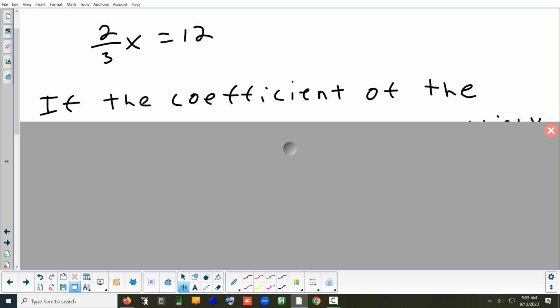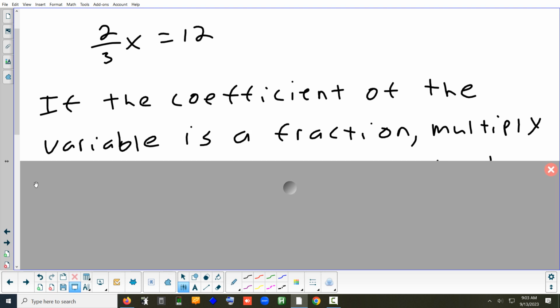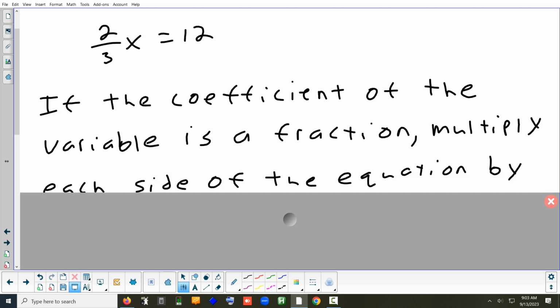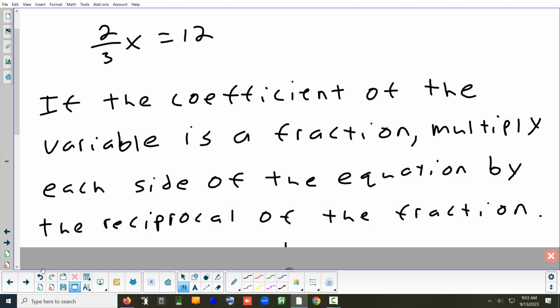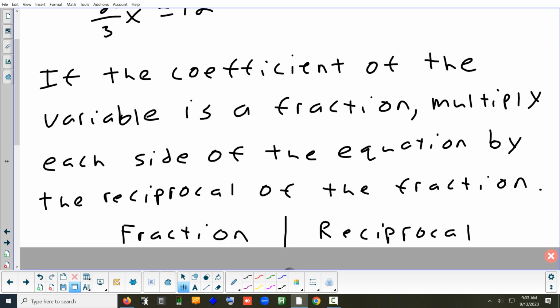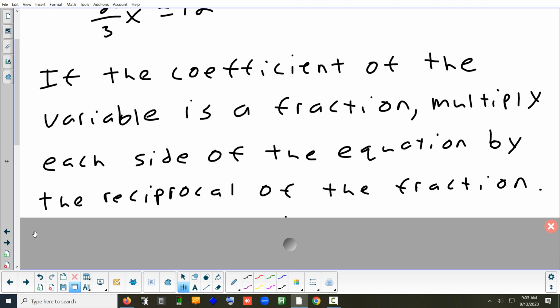That's what the coefficient is. To solve a problem like that, after the word fraction, you're going to write down: multiply each side of the equation by the reciprocal of the fraction.